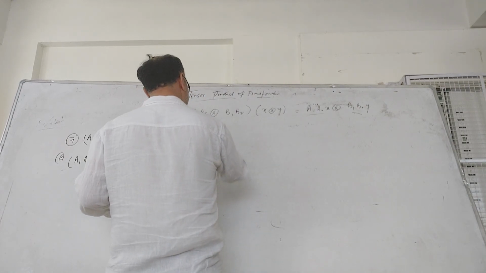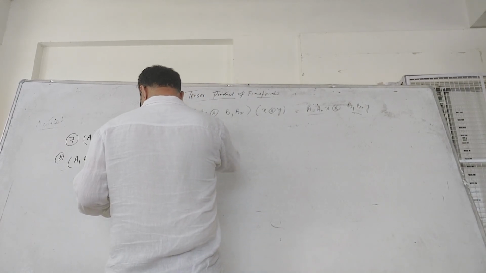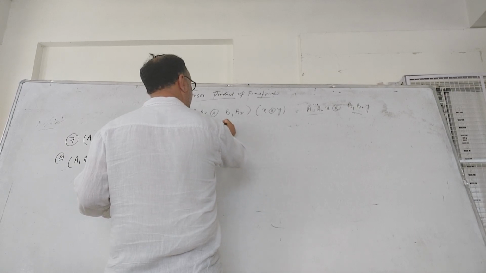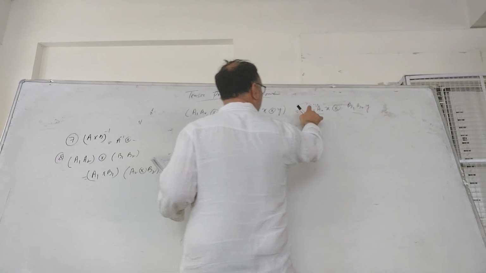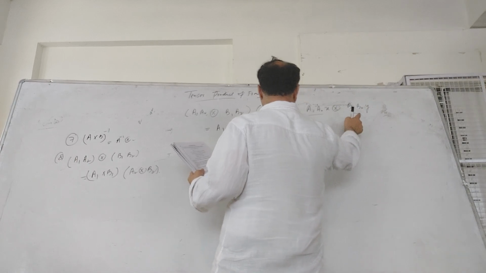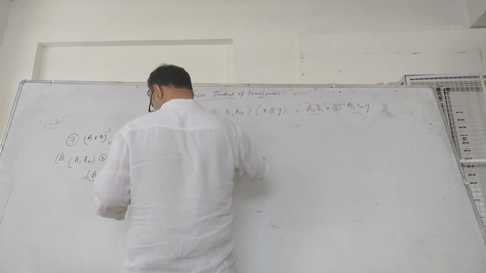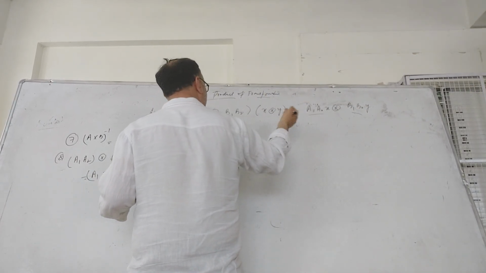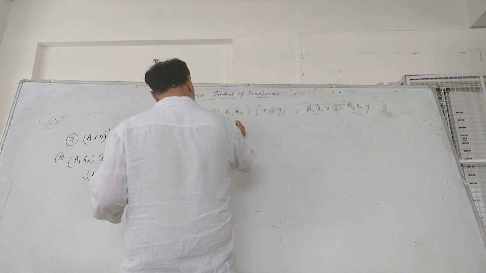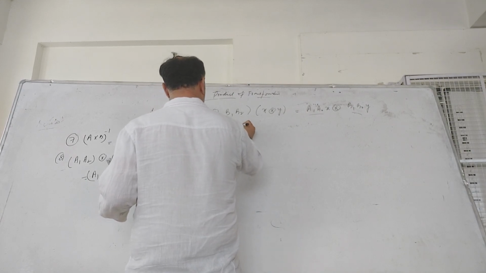Further, we can write it as A1 cross B1, A2 cross B2, and X cross Y. So first we'll do it step by step. So A1 cross B1.